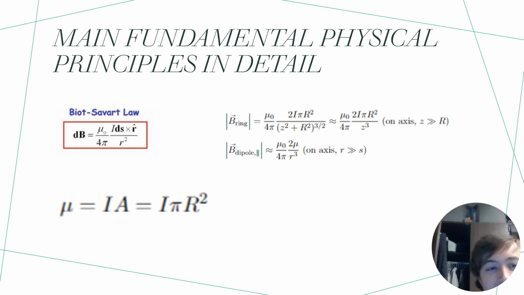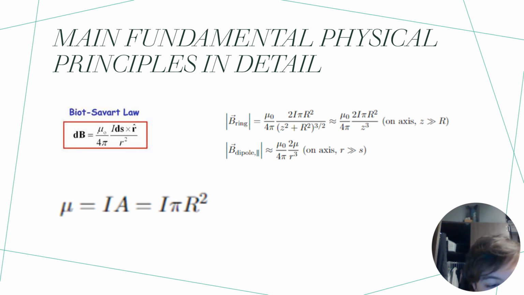The main fundamental physical principles in detail are, so we got the Biot-Savart law, which is basically just the magnetic field is equal to the constant times I times the cross product of the length and r hat. No, not the length, the velocity.